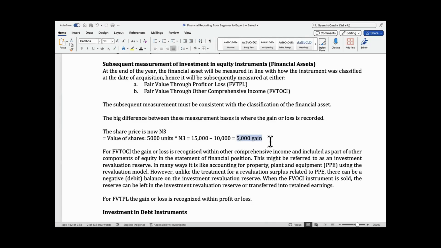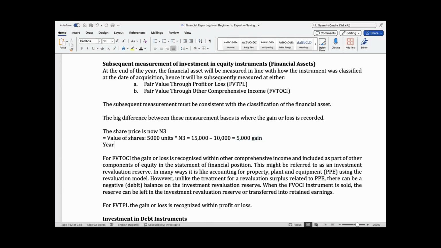Okay, since you're not asking, let me ask you a question. Let's say this financial asset is measured at fair value through OCI, right? You now made a gain of 5,000. I told you, you will take it to OCI. Let's now say in year 2, it was now a loss.